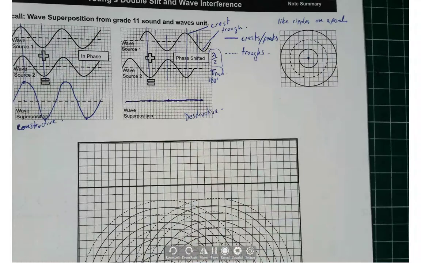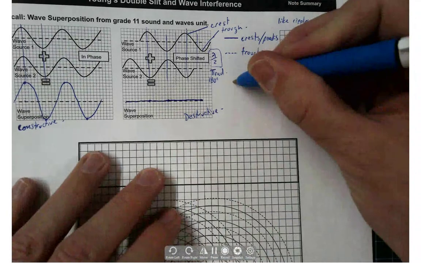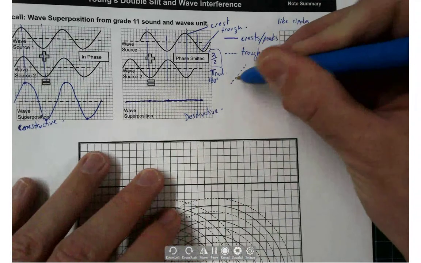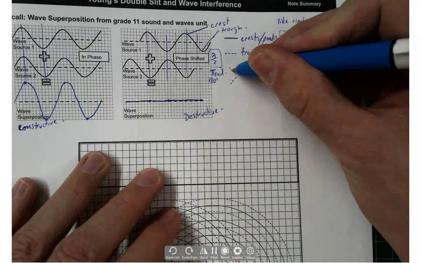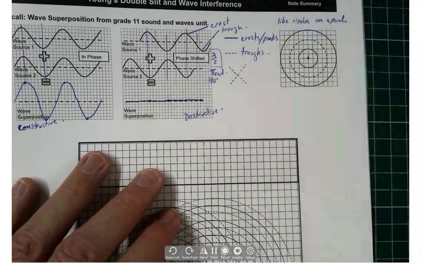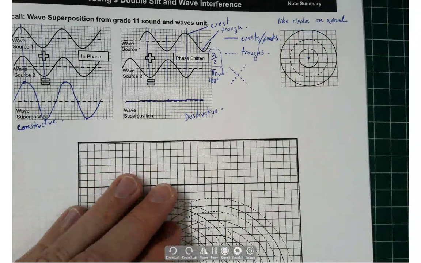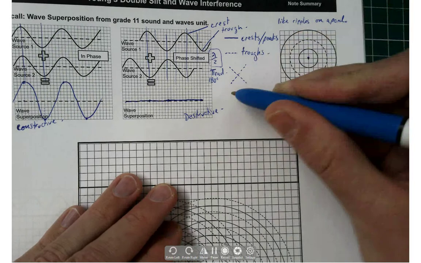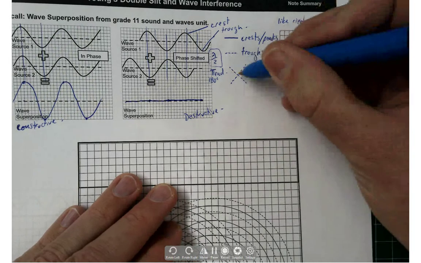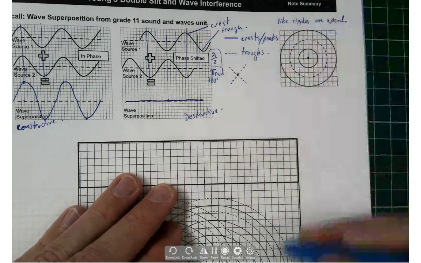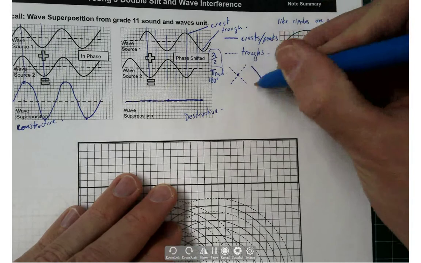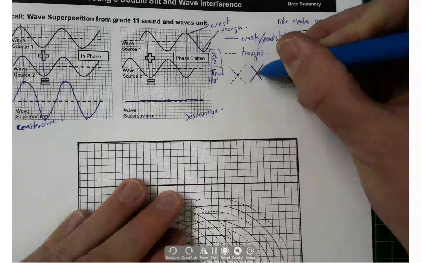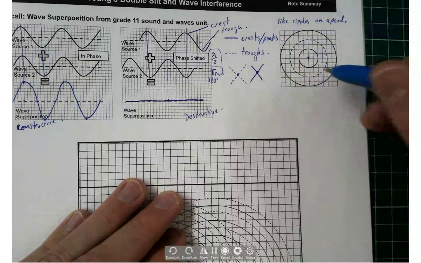You get obliteration. But if I look at this from overhead, it seems to me that a trough could arrive at another trough from two different wave sources like this. Can you imagine there's a ripple coming in this direction and a ripple going in this direction, and they meet each other? That means that there would be a crossover point here. Likewise, there could be a peak meeting another peak, a wave front as viewed from overhead.